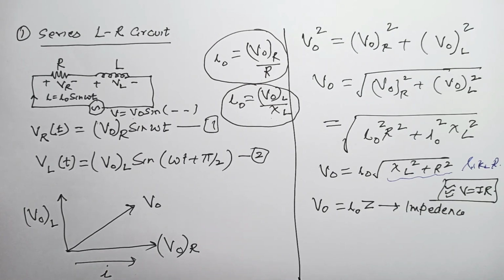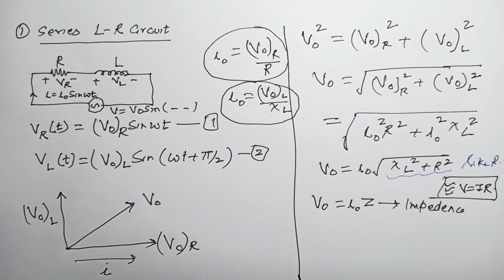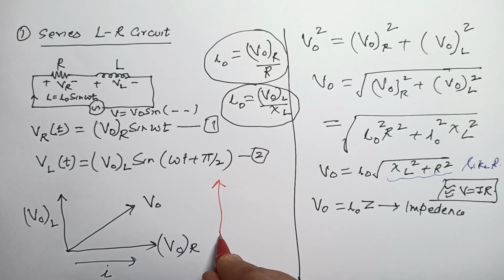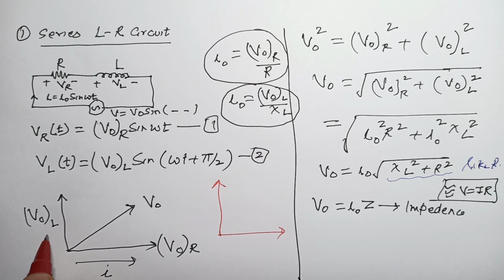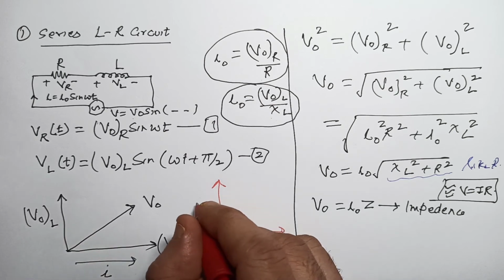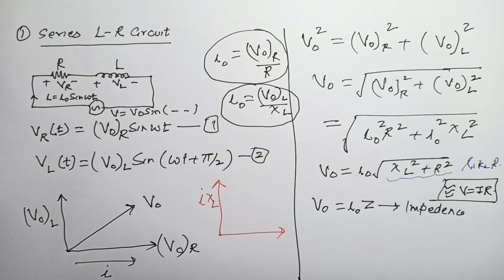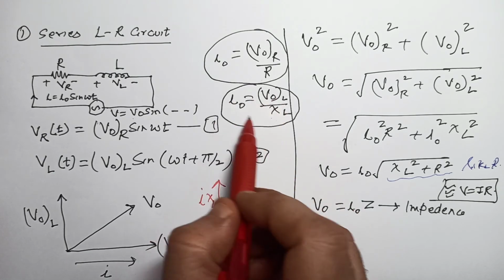Now students, if you see this figure, this graph, you will see that basically this can be redrawn. Let's say I redraw the same thing, and in place of V naught L, I can put I naught XL. Correct? From where? From here.